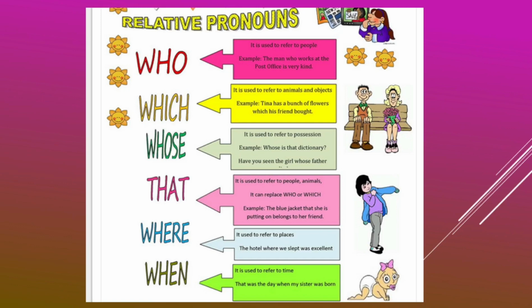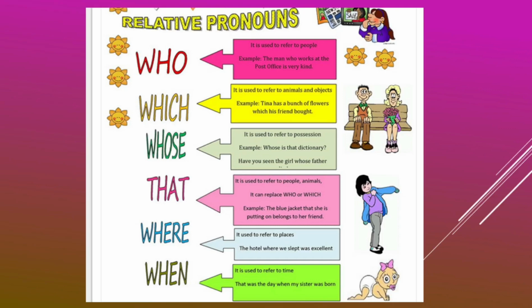The second last word we have over here is where. It is basically used to refer to places. For example, the hotel where we slept was excellent. It shows the position or place.